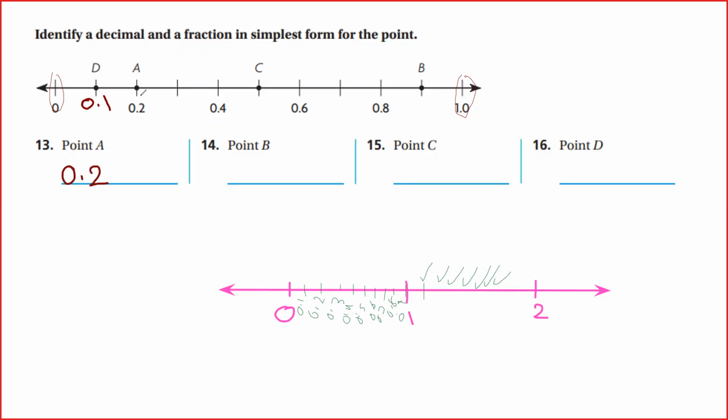Can you write it as a fraction? Yes, Rand. It's 0.2. How do you write it? 2 out of 10. How do you simplify it?